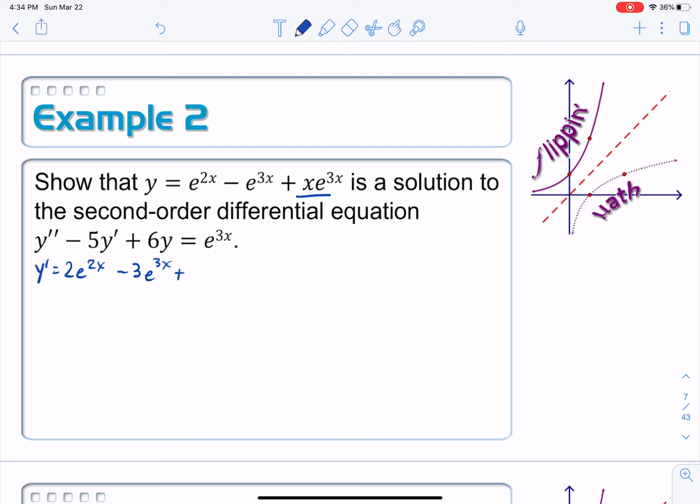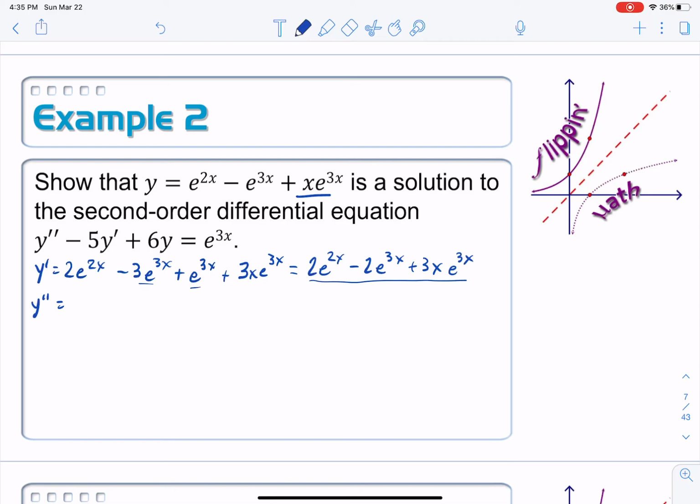The derivative of the first is 1 times e^(3x), plus the first one, x, times the derivative of the second one, which is 3e^(3x). So this is 3x e^(3x). And notice I've got some like terms here. I can combine those up. 2e^(2x), negative 3 of them plus 1 more is negative 2e^(3x), plus 3x e^(3x). Okay, so now we're going to take the second derivative of this one.